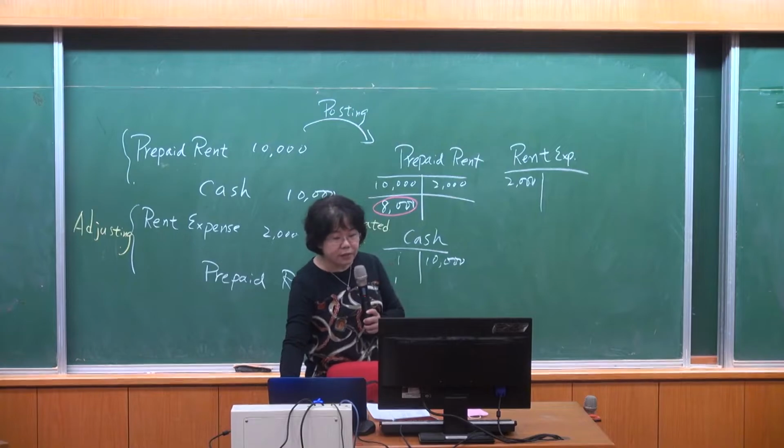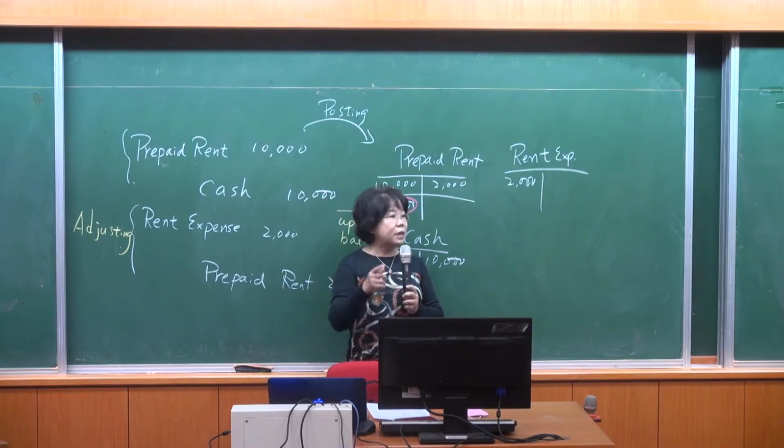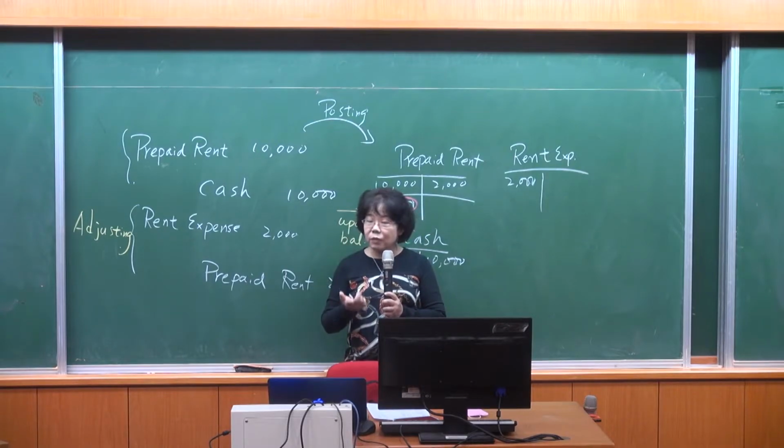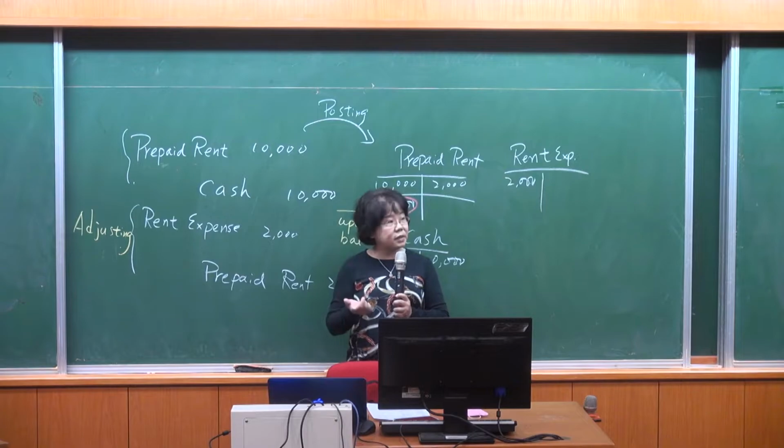But we have several other things, accrued expense or accrued revenue. What does that mean? Accrued expense means something payable: accounts payable, notes payable, or tax payable, something like that. We call that accrued expenses, okay?